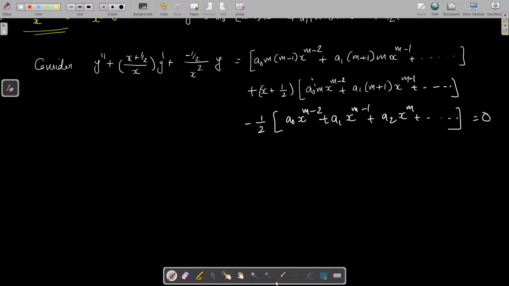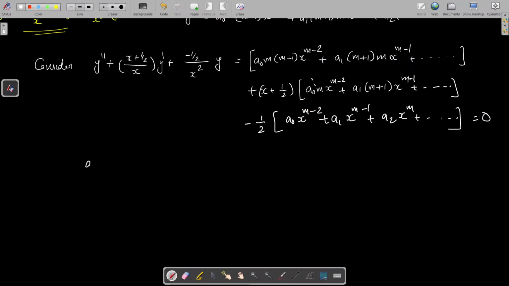Now let us combine the terms with like powers of x. Here we have the term x raised to m minus 2. Okay, so let us compare all the terms with x raised to m minus 2. So here we have x raised to m minus 2 in this term. Now here there is x raised to m minus 2 into 1 by 2 here. So there is a term involving x raised to m minus 2. There is m naught also there. And here also there is a term with x raised to m minus 2.